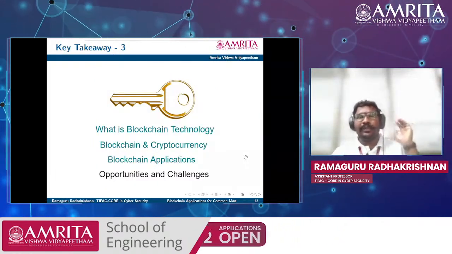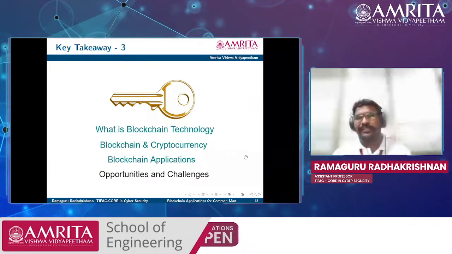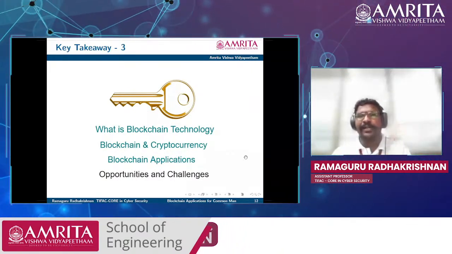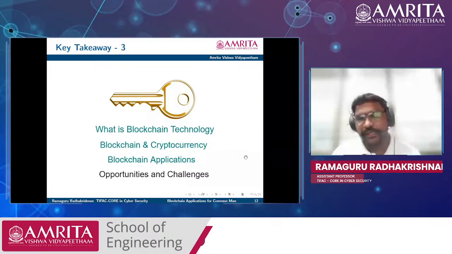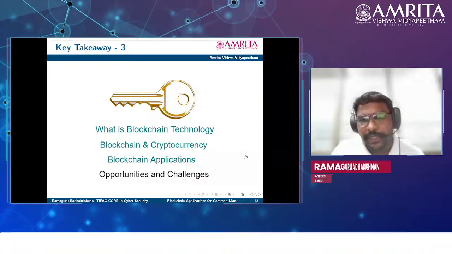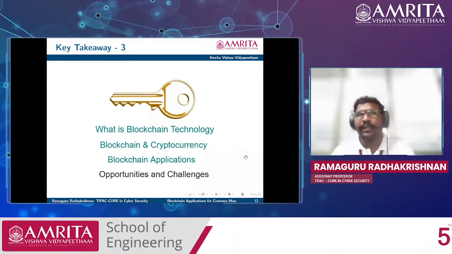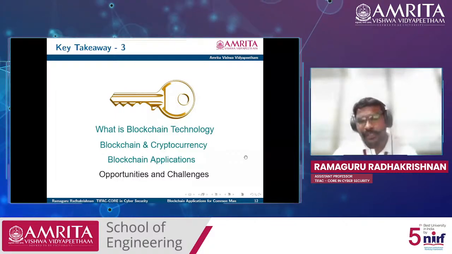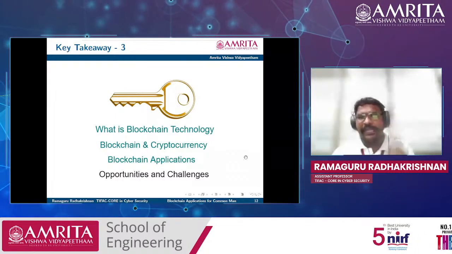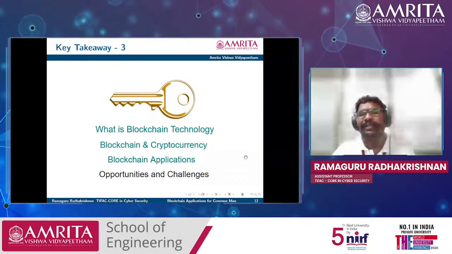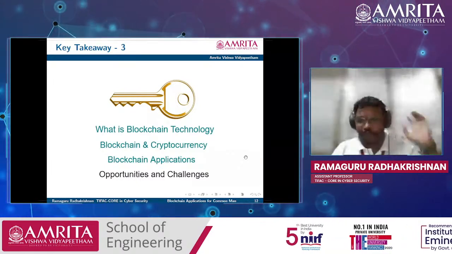Now the third important thing that we are going to understand today is blockchain applications. Before getting into the different applications, the other main thing we have to understand here is where exactly to apply blockchain.